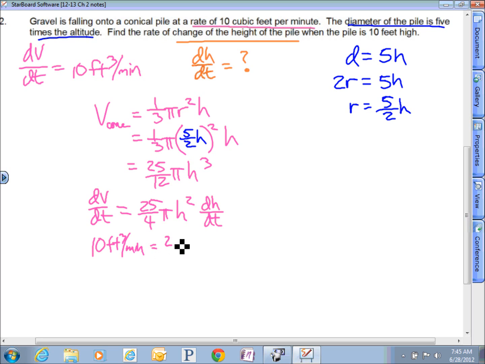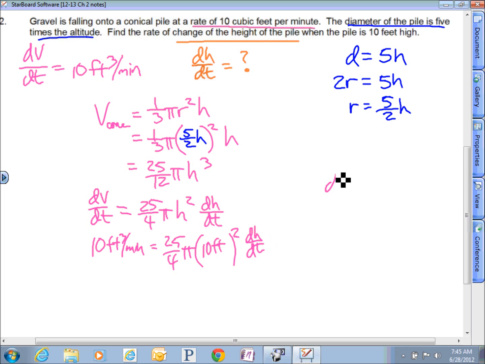We've got a 25 over 4 pi. H was given to be 10 feet high. And dh/dt is what we're trying to figure out. So it looks like we're going to be dividing by 100 square feet, and we're going to be multiplying by 4 over 25 and then dividing by pi.